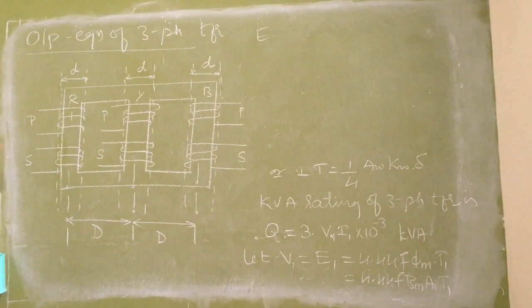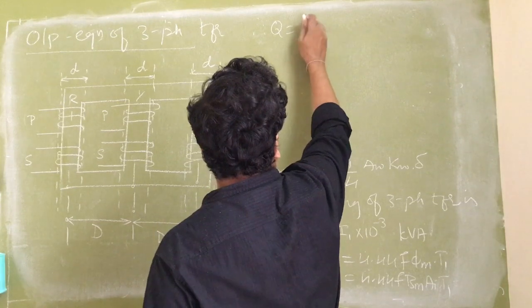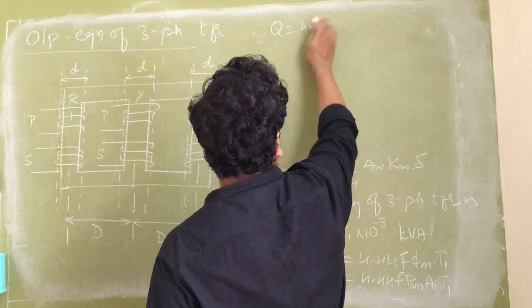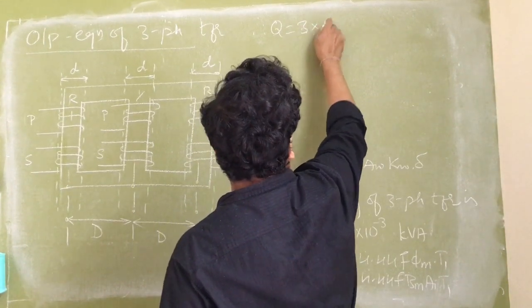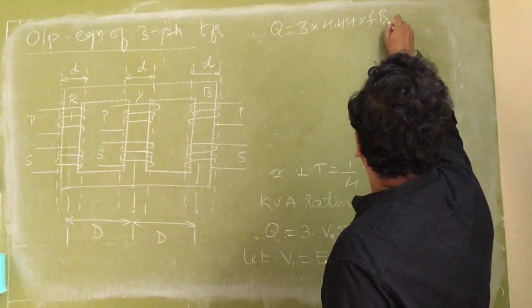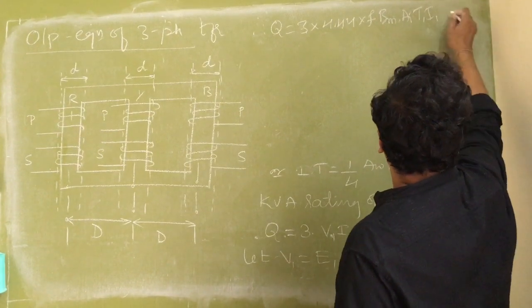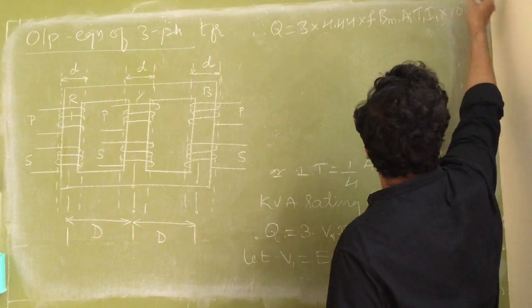Okay, therefore Q is equal to 3 into 4.44 F Bm AI T1 I1 into 10 to the power minus 3.